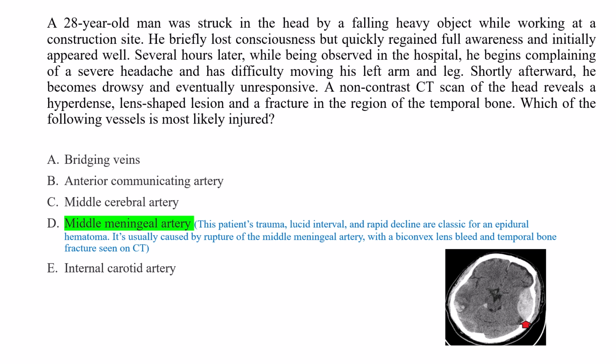This is highly suggestive of an epidural hemorrhage, which is further confirmed by the finding of a lens-shaped intracranial bleed on the CT scan. Epidural hemorrhages most often result from trauma to the temporal bone, which then lacerates the middle meningeal artery. The image provided here is an example of how epidural hemorrhage would look on a CT scan.